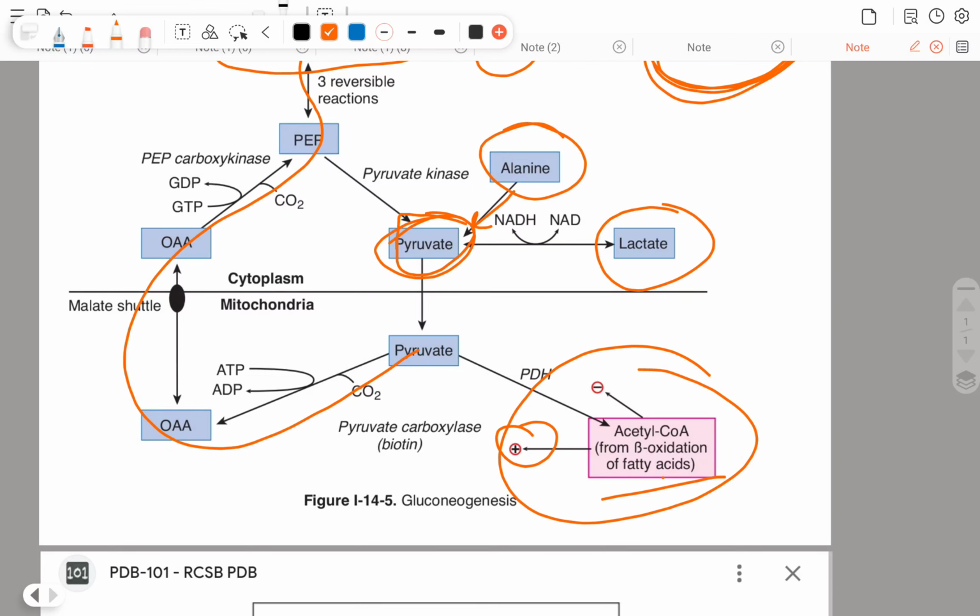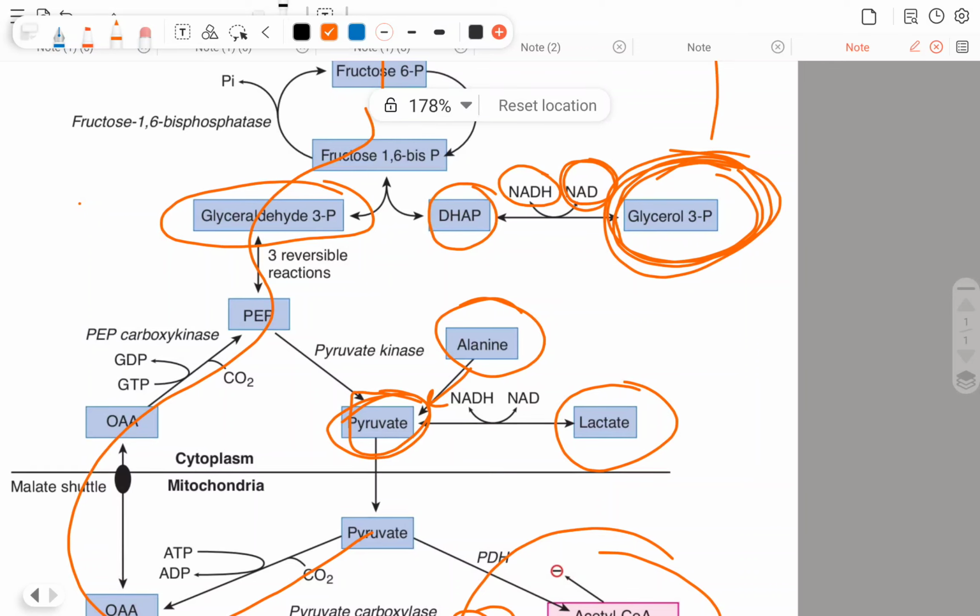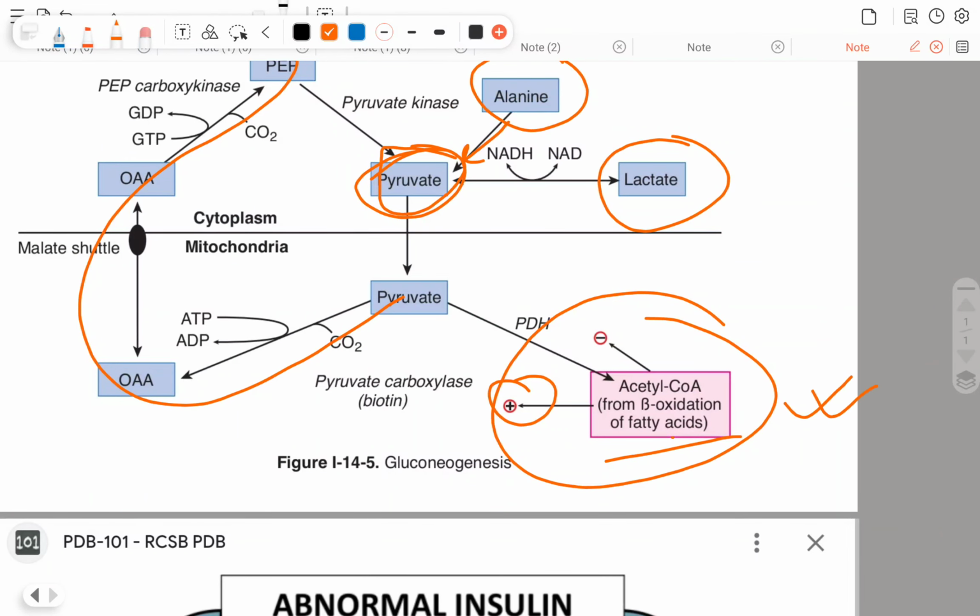It means that when we break down our fat, we use glycerol 3-phosphate for gluconeogenesis and fatty acids for getting the energy for this process. Don't forget that. That's the main part of the gluconeogenesis.